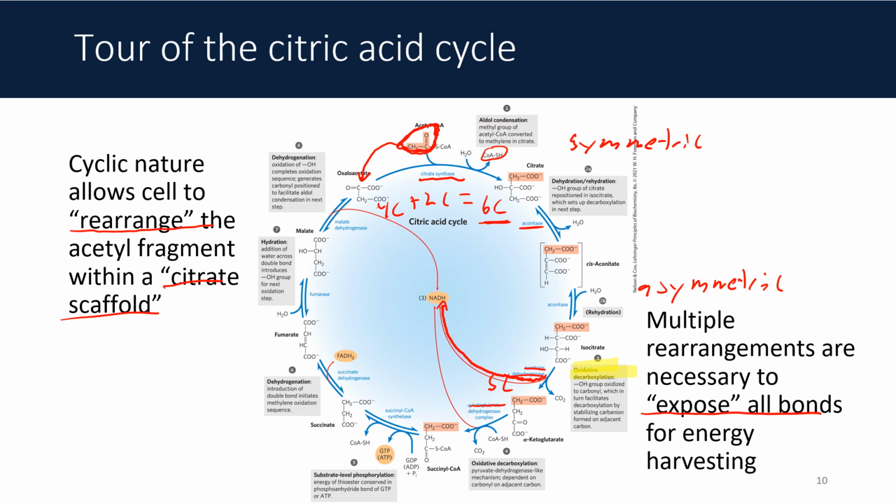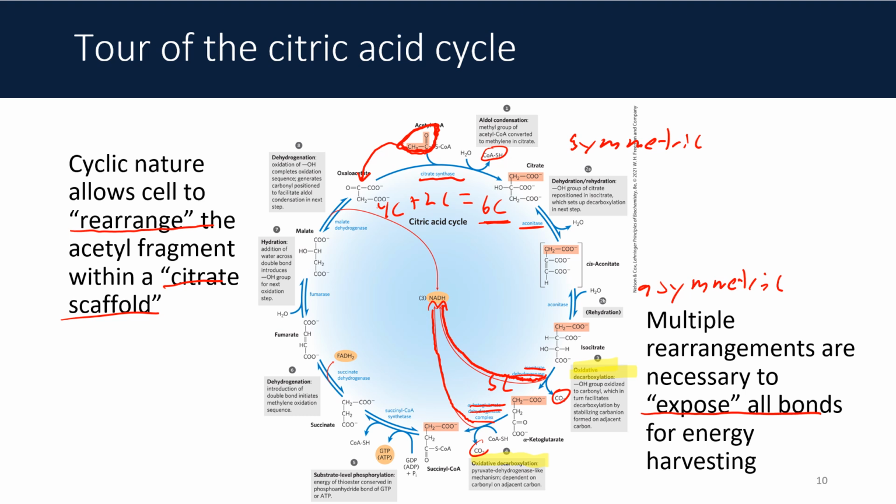The next enzyme, alpha-ketoglutarate dehydrogenase complex, is going to do something similar. It's another instance of oxidative decarboxylation. We're going to remove our second equivalent of carbon dioxide. And in the process, that's going to help us drive in another oxidation, meaning we get another NADH out of this reaction.